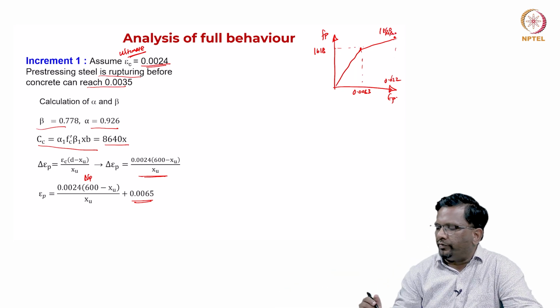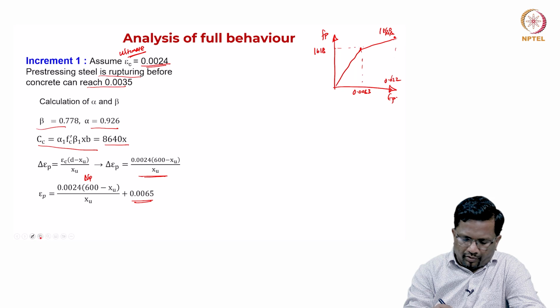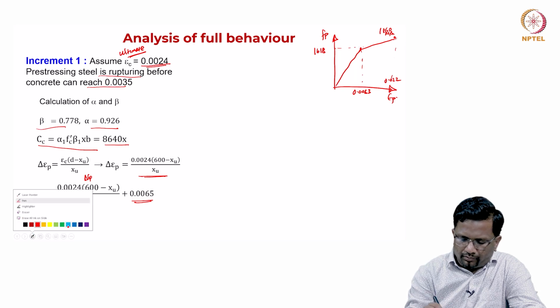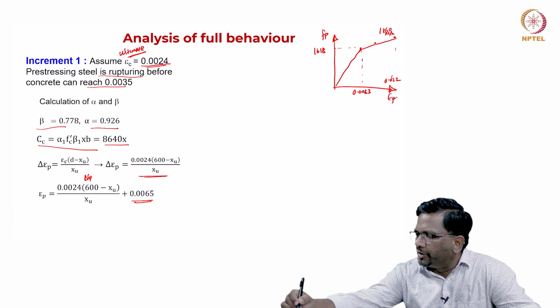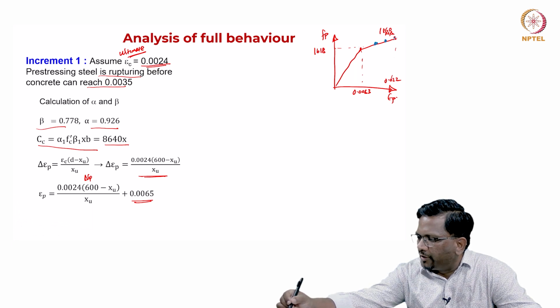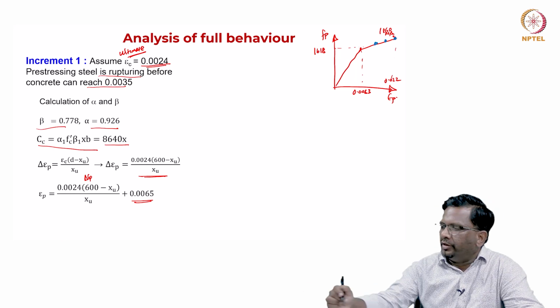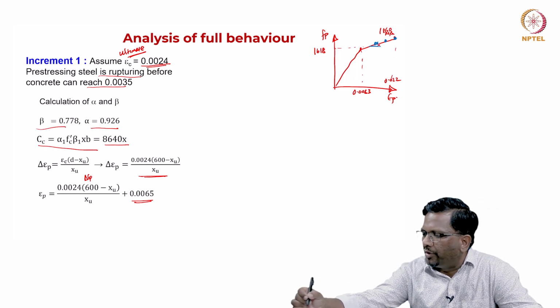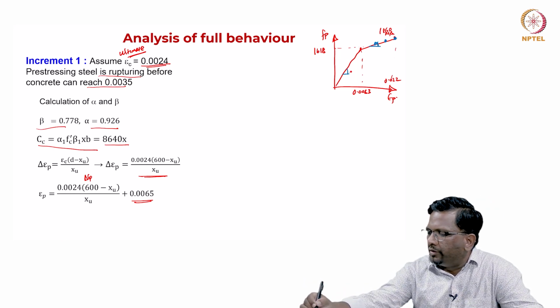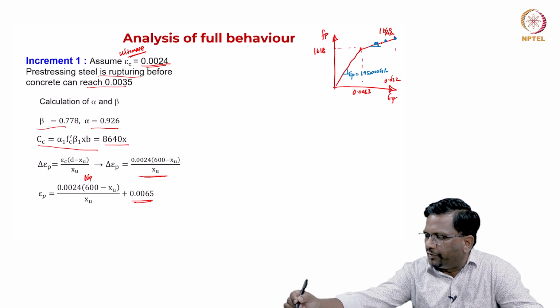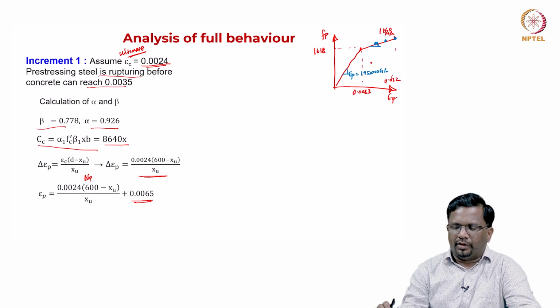So you see here, we are going to be in this regime for this case, somewhere here or here for this calculation, or maybe it is actually going to reach its ultimate, right. So I have to use this slope, not this slope, okay. This is EP, which is 195,000 megapascal, and this is some slope that we get, some fraction of this EP. That is what we have to take.